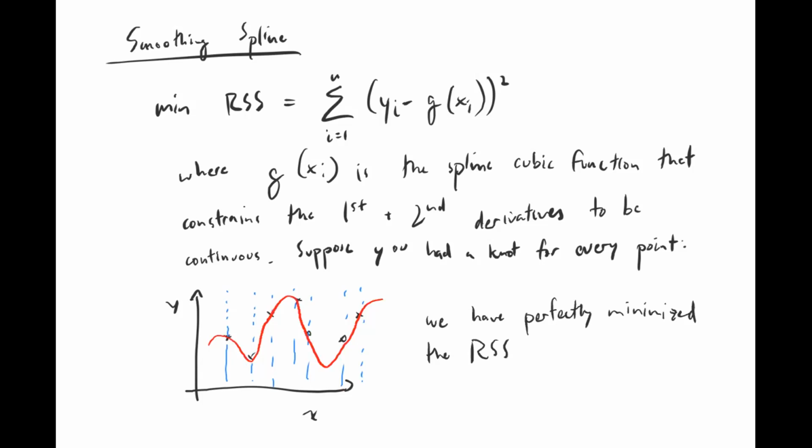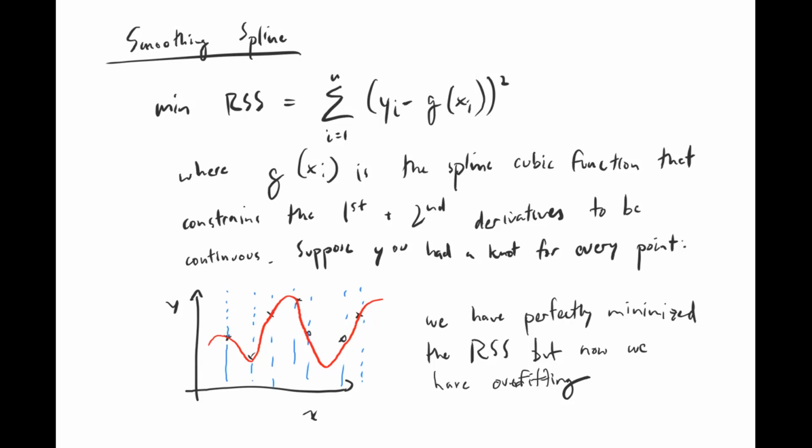But now we have overfitting. So this, in analogy, is really similar to the ridge regression and the lasso regression that we talked about before for our linear model.